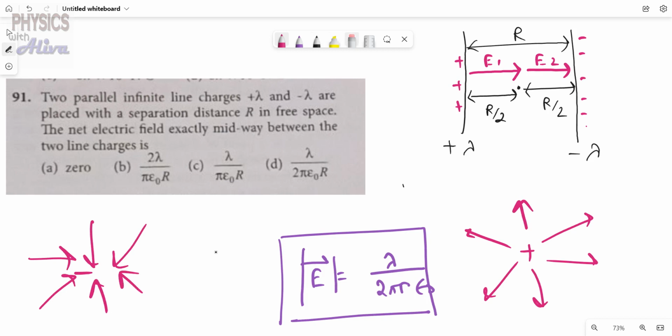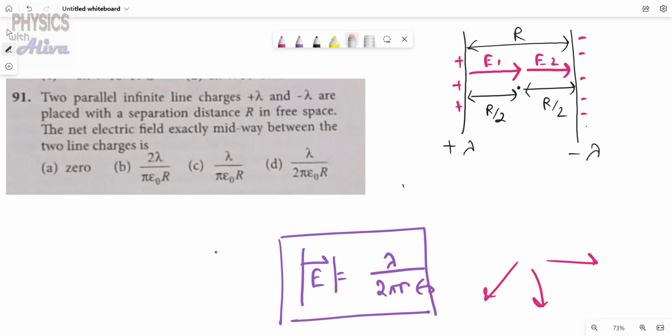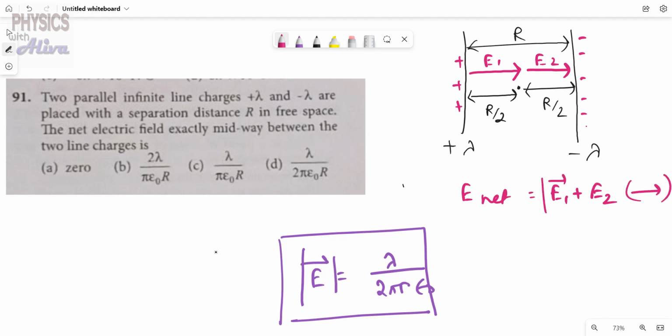Now I am erasing this to get space. So the net electric field should be E1 plus E2 and the direction will be in this direction. As they are acting in the same direction, we will add them.